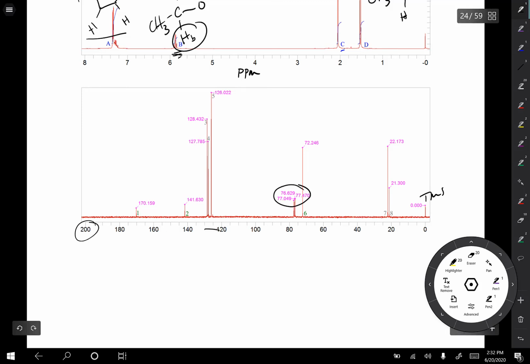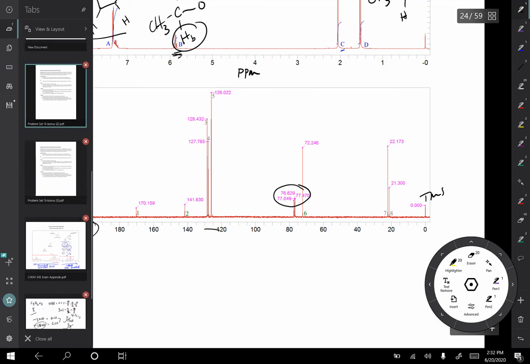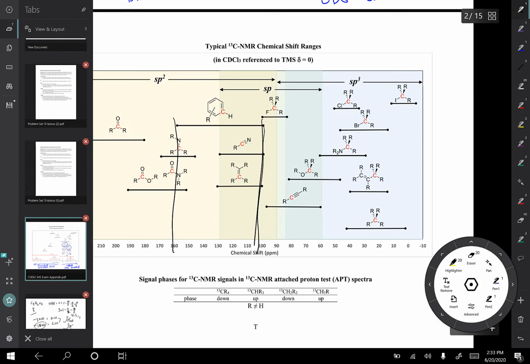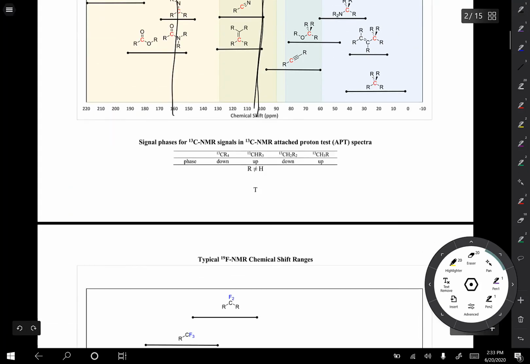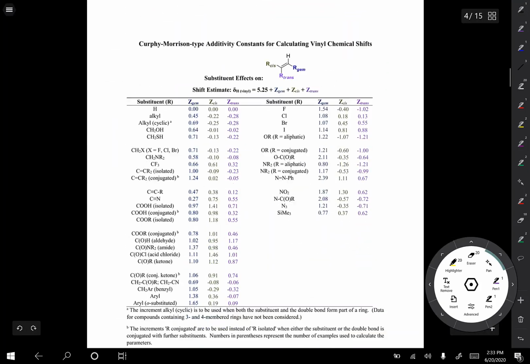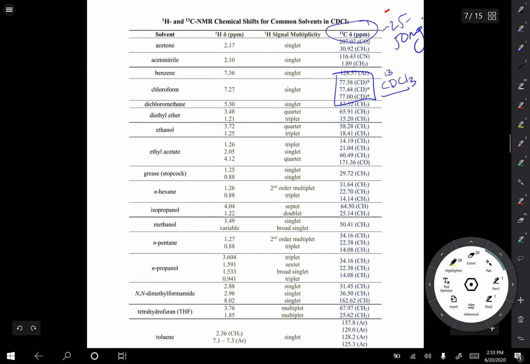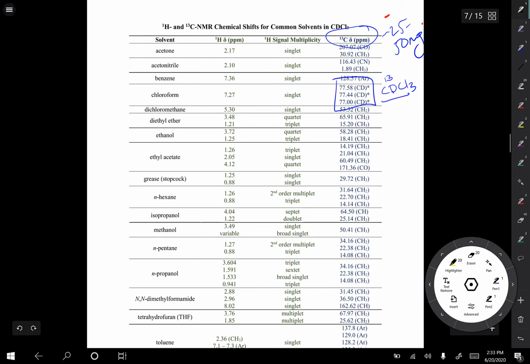What about this guy? What is this? If you're not sure, what you can do, you'll see this often, and some of you already know this by now, but you can use your appendix again. Let's scroll down to common solvents. Oh, I already circled it for you. I'm showing another student. So here you've got chloroform. Chloroform is a really common solvent. We use a deuterated version, so CDCl3.